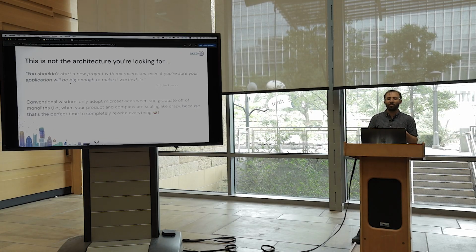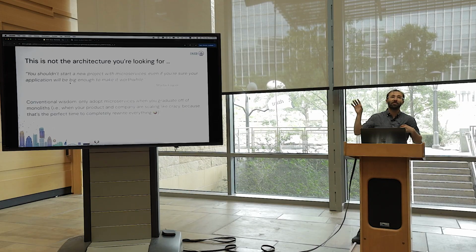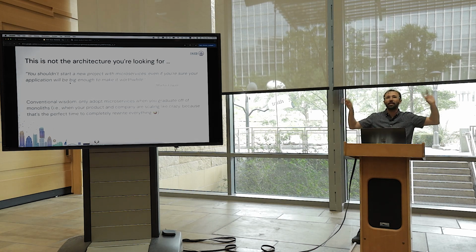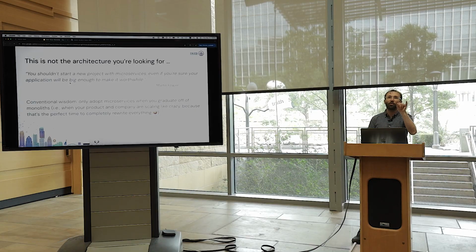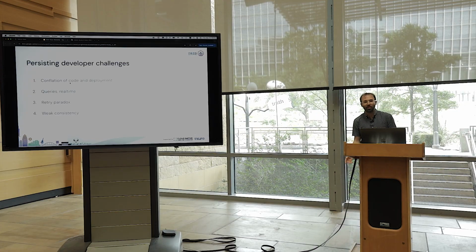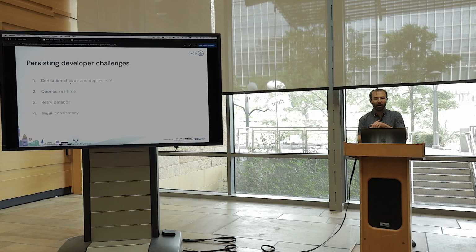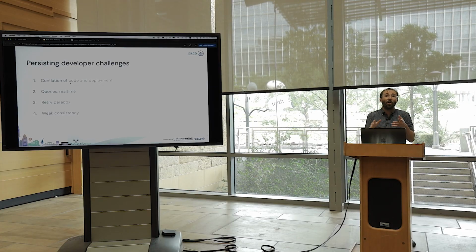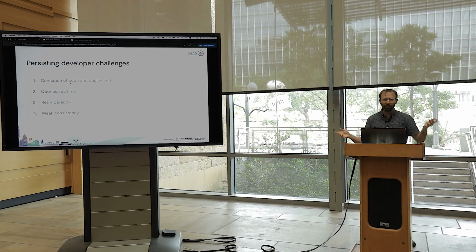I'm specifically going to be talking about where I think Martin was really coming from, which is the application architecture itself and the challenges of just building the application itself. That is the core foundation that we can put all the other stuff around, CI/CD and everything else, but getting those primitives right is what this talk is really about. So I'm going to talk about four persisting developer challenges, and for each of them, how we can solve those problems in today's world, and then how we're solving them in Reboot.